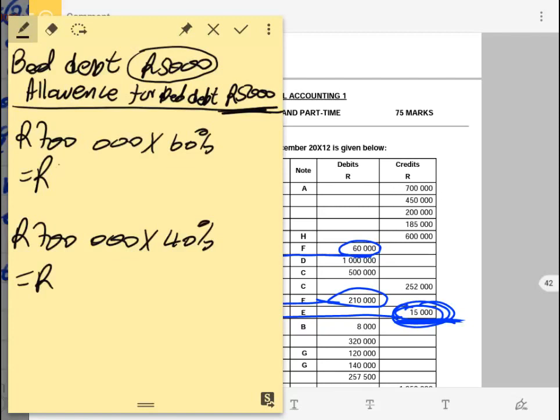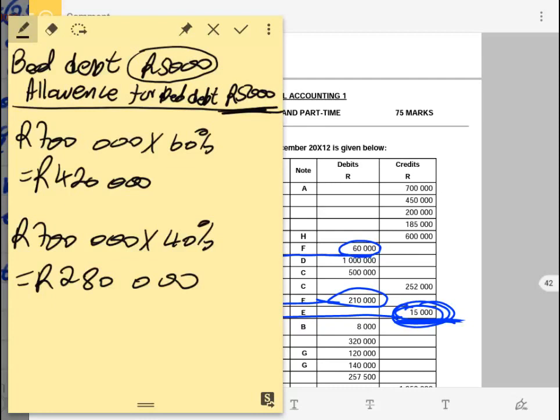That will give us 420,000 rands, and minus 700,000 will give us 280,000 rands. Plus 420,000, that will be 700,000 rands.